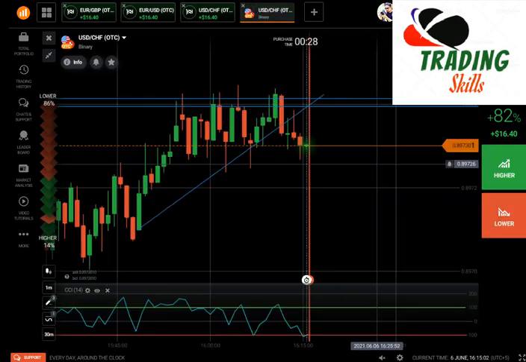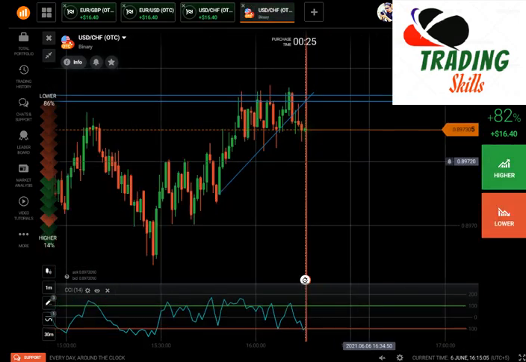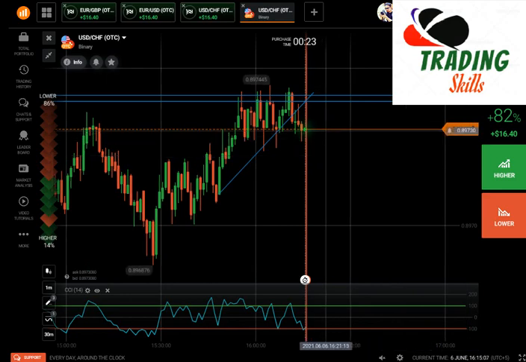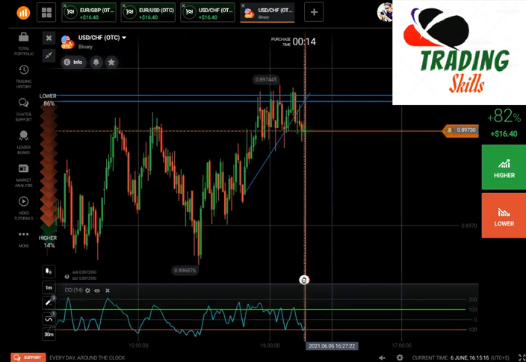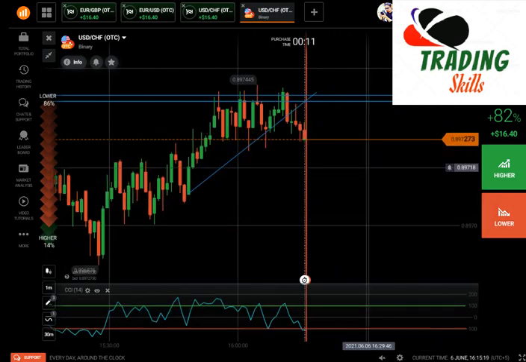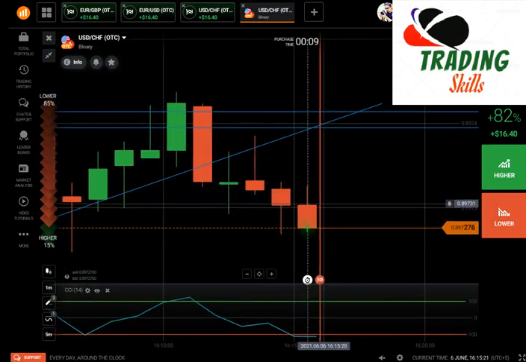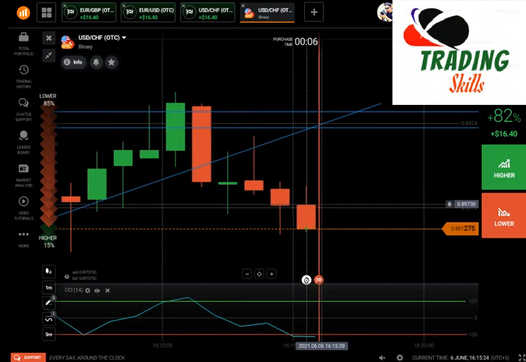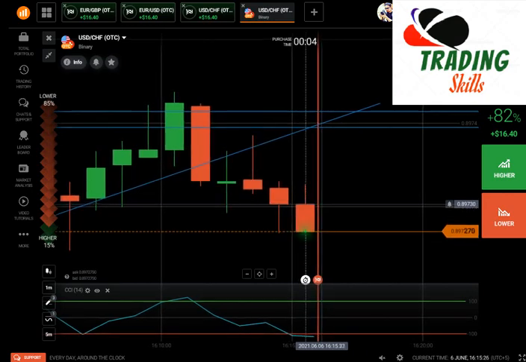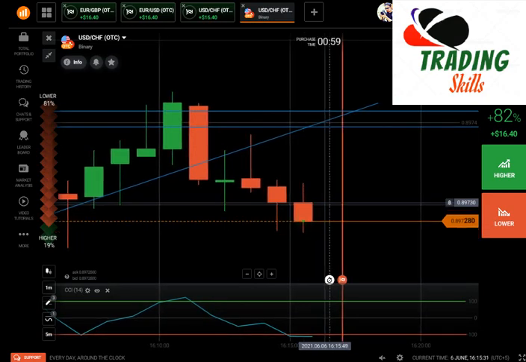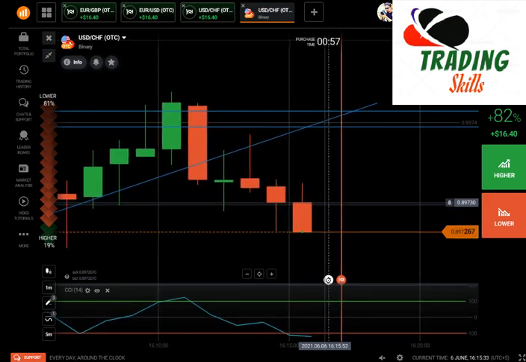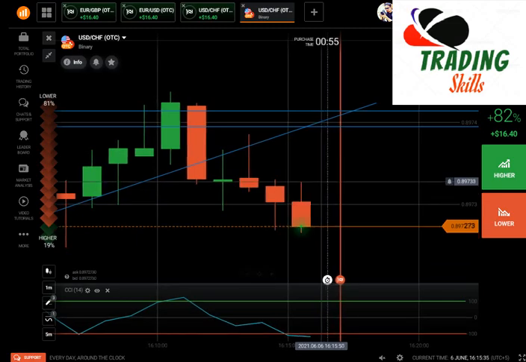Now again I can go here with the... okay, so this time I cannot trust this one. So if the candle goes up, I'm going to take my trade in a down direction. So let's see. But right now I'm late, I cannot take any trade here.